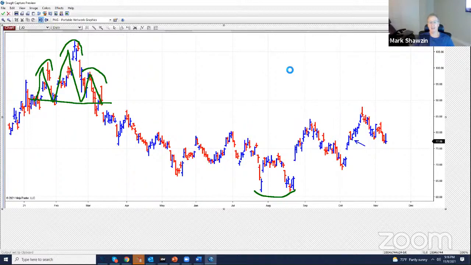But whatever it is, I was open to maybe this thing turning around, but then the price action disavowed me of that notion. And I think that we're just going to kick back into the trend that was indicated by that head and shoulders.